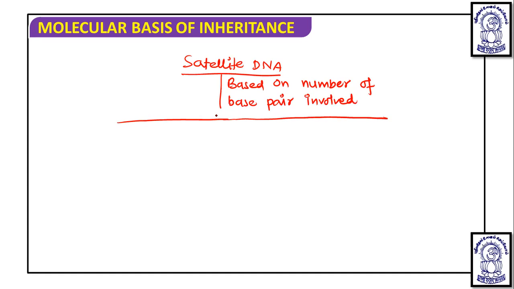The satellite DNA are of two types, that is microsatellite and minisatellite.